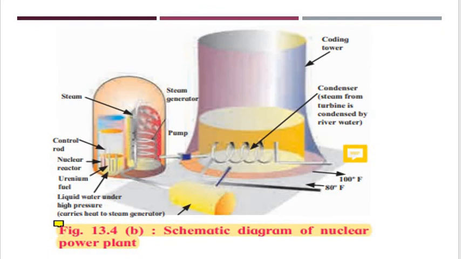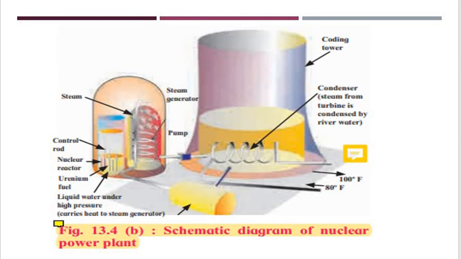The energy released in such reaction appears as heat and is removed by circulating a liquid or coolant. The liquid which absorbs excess heat from the reactor is passed over the heat exchanger for producing steam, which is then passed through the turbines and produces electricity.